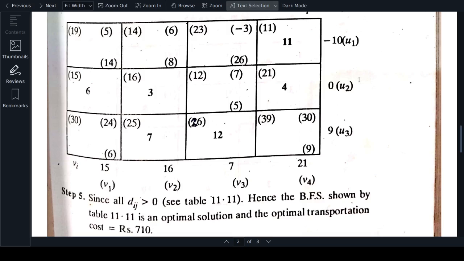Similarly, this one will be cell number 2, 3, 0 plus 7, so 7. Next, you write 15 plus 9, 9 plus 15, 24, and then cell number 3, 4, 9 here, yes, 9 plus 21, 30. So you see, is this clear or not? Ui plus Vj.